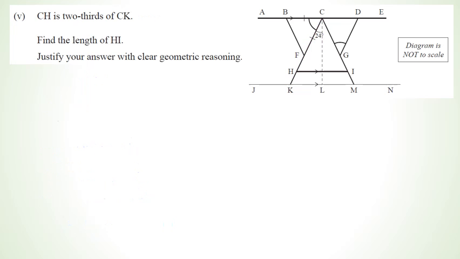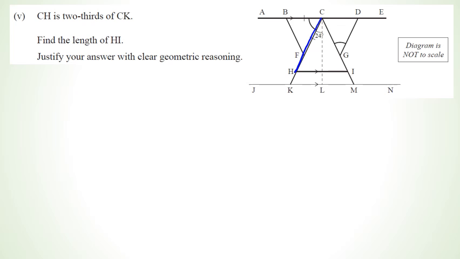Okay, next one. With this question, there are a couple of ways you can do it. I'm going to use the similar triangles method here. What they're saying is that CH, which is from here to here, is 2/3 of CK. Now, we've already figured out what CK is, but let's not worry about it.